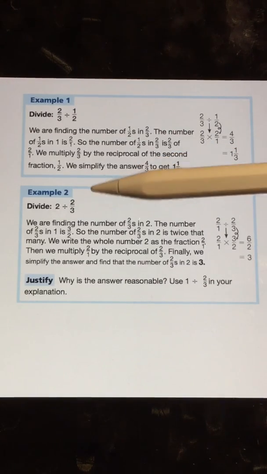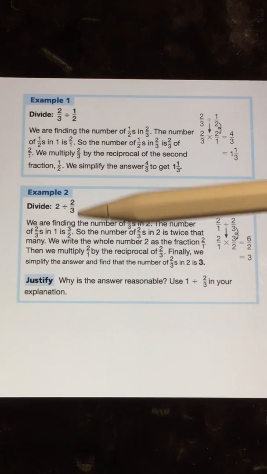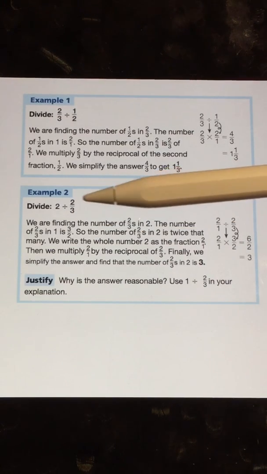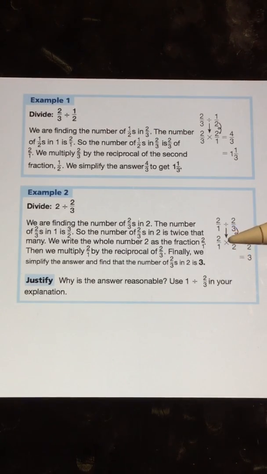Now, for example 2, we are dividing the whole number 2 by 2/3. So we are finding the number of 2/3 in 2. All right, so we have 2/1 because that's the whole number 2, correct? And then we are dividing it by 2/3. Well, then we are finding the reciprocal. 2/1 is 2 times 3/2.